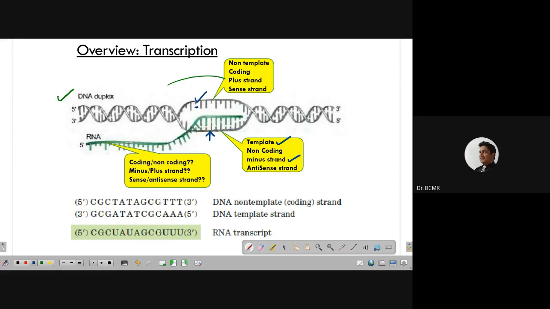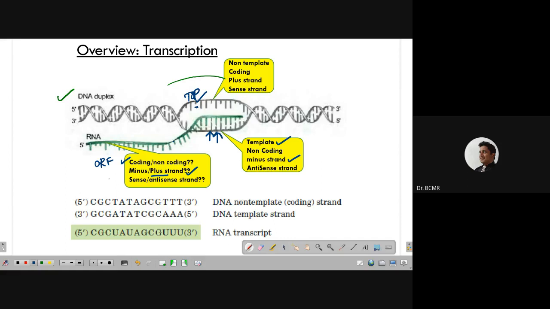The RNA is similar to the top strand and it is complementary to the bottom strand. From the point that I've already said, the mRNA is coding because it has the open reading frame. mRNA is plus strand. It's not minus because the ORF is present.